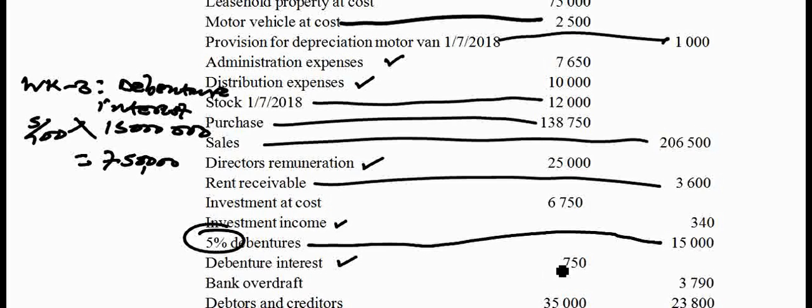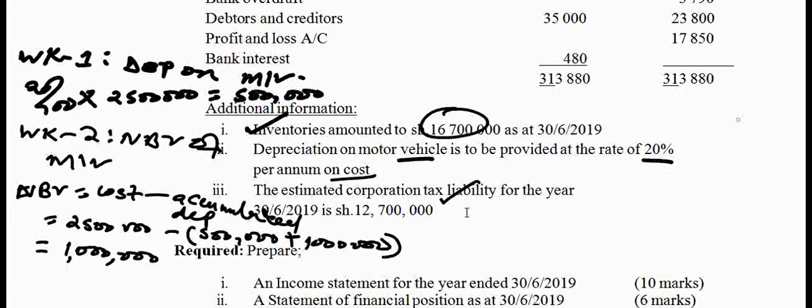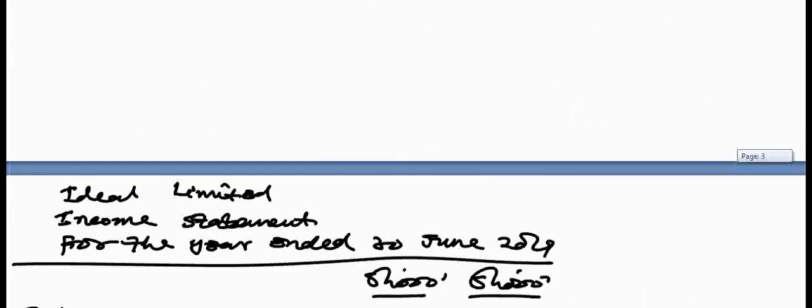Yes, so they paid correctly. So debenture interest we will put 750. There is also bank interest as an expense of 480. So 750 for debenture interest and 480 for bank interest.